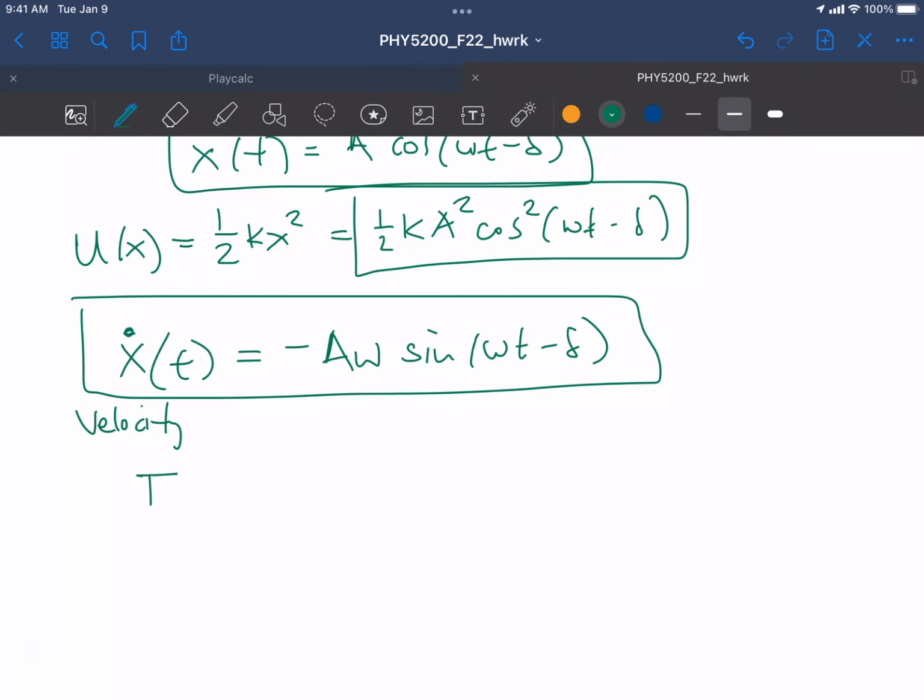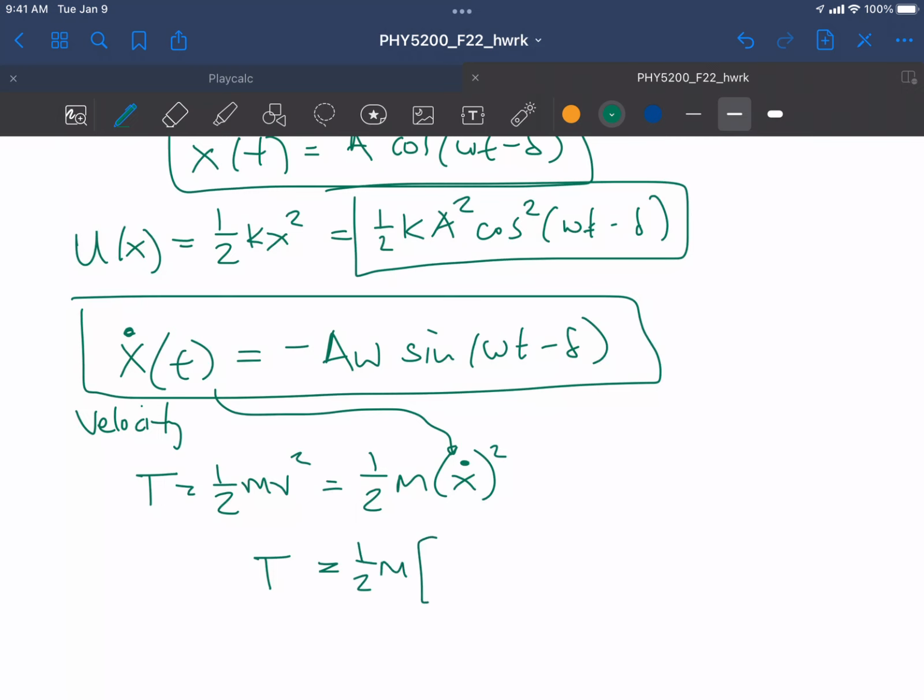The kinetic energy, T, is 1/2 times m times the velocity squared. If we write it in a suggestive way, we can put the velocity in there. Then the kinetic energy at any time is 1/2 times m times this thing squared.